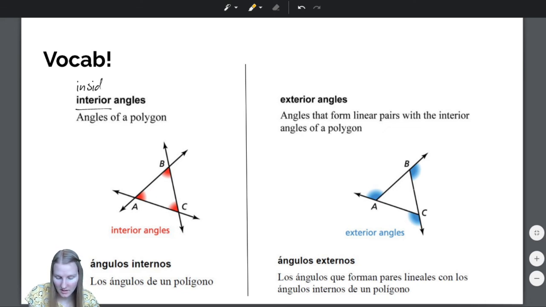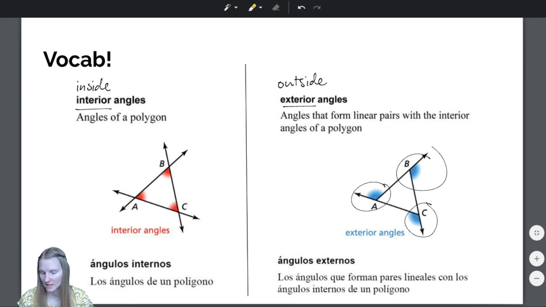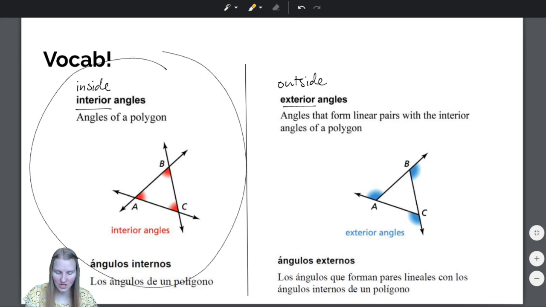Interior, inside the polygon. So interior angles are all of the angles that are inside the polygon. Whereas exterior angles, when you think exterior, you think outside. So exterior angles are outside of a polygon. And we're going to talk more about exterior angles in a future video. But for now, interior angles are angles inside the polygon.